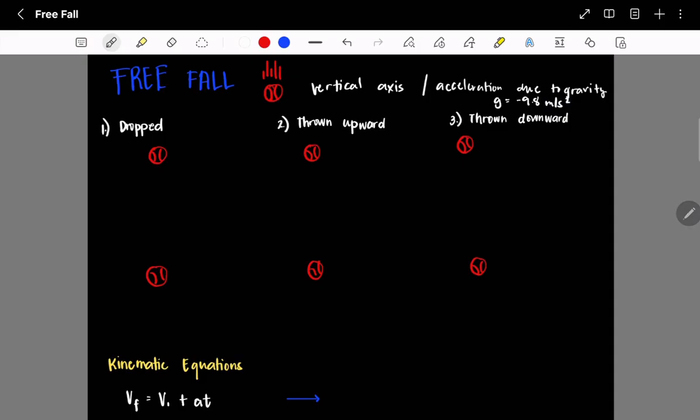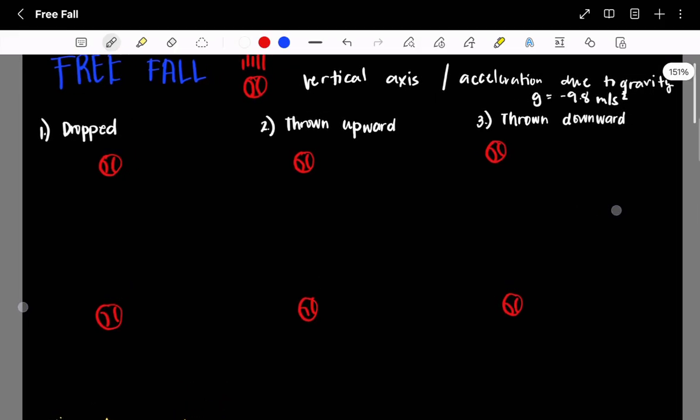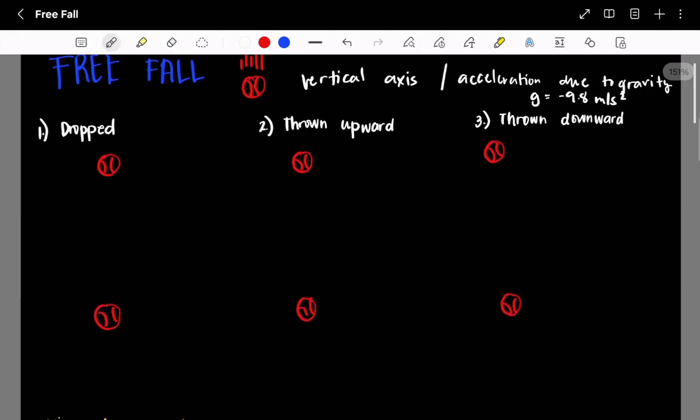Now, let's try to look at different cases of free fall. Let's say an object is dropped from a height. When an object is dropped from a certain height, its initial velocity is often assumed to be 0 meters per second because you do not give the ball a certain amount of force, you simply drop it.